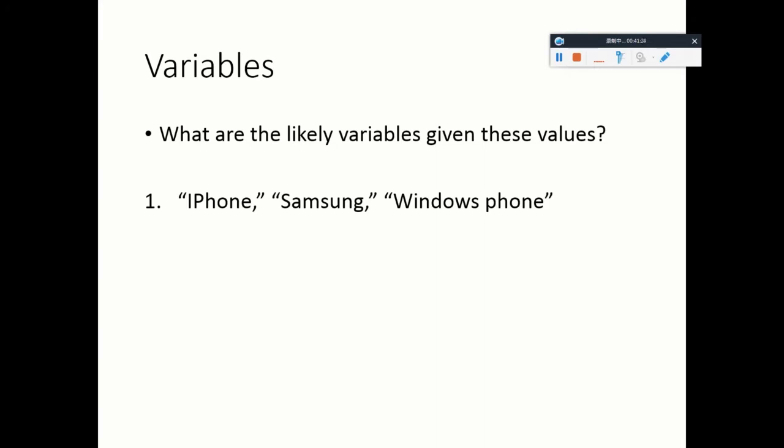So, if I say the values for this particular variable are iPhone, Samsung, Windows Phone, then what is this variable that these values describe? This variable will be, as you might guess, types of phones.